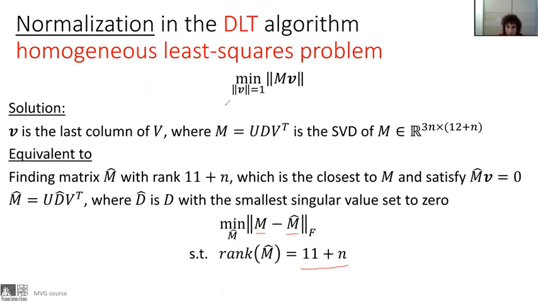Actually, this problem is equivalent to this problem. This is, by the way, the Frobenius norm. It's the distance between two matrices. It measures how close the entries of one matrix are to the entries of the other matrix. Okay. So since these two problems are equivalent, let's take a look at this second problem.